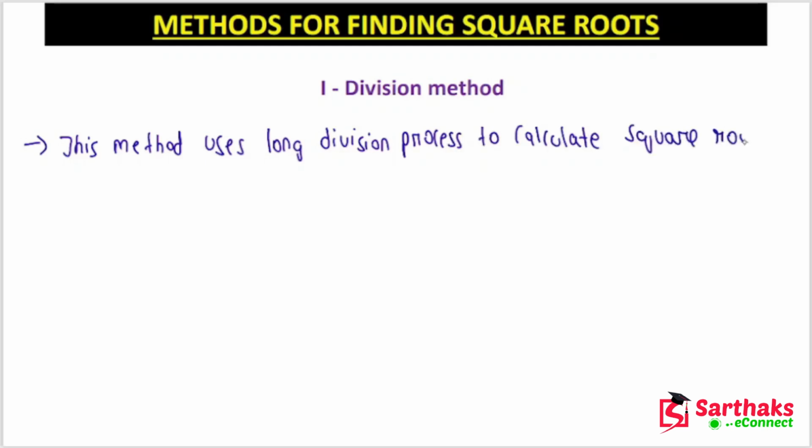Since you all know the long division process from class 2nd, 3rd onwards, we have a lot of practice for this particular method. So this method is not very hard. It is a very easy method to calculate the square roots.